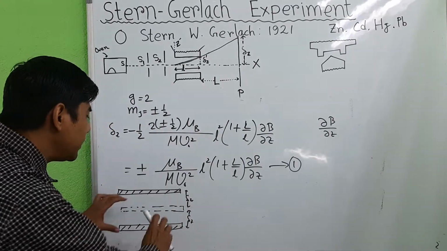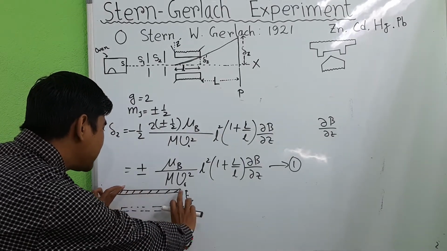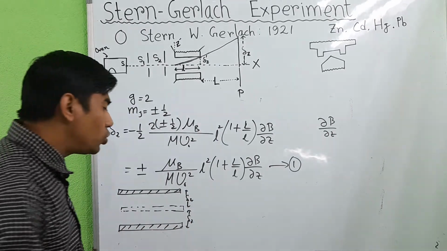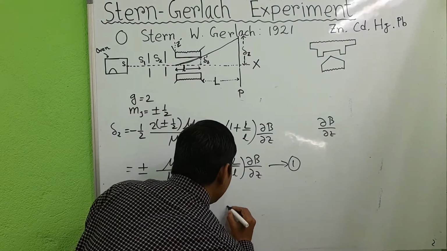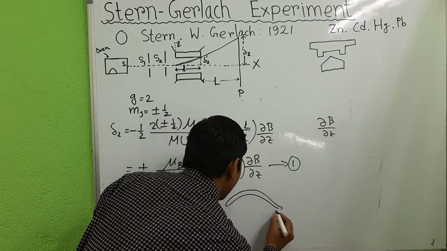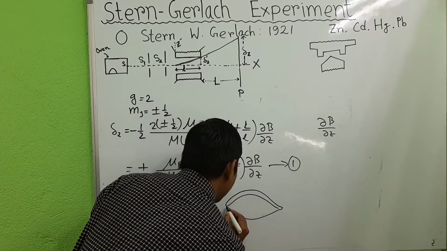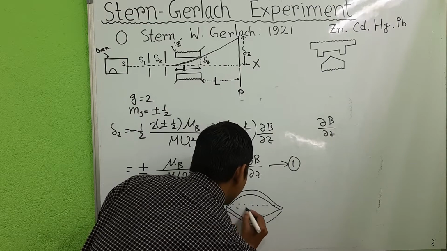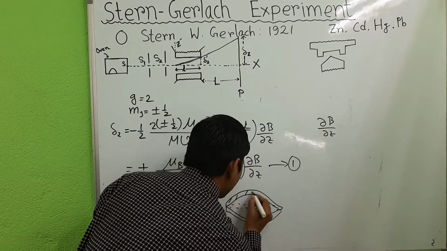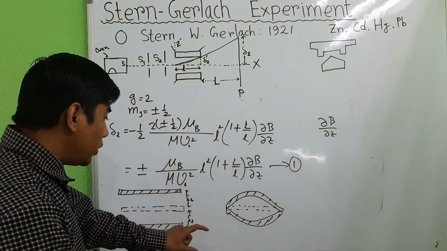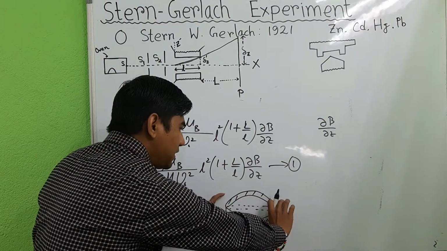For this reason, the two linear traces converge at the two ends. If we draw this, we will get this type of pattern. Here we see that the two linear traces converge at the two ends.